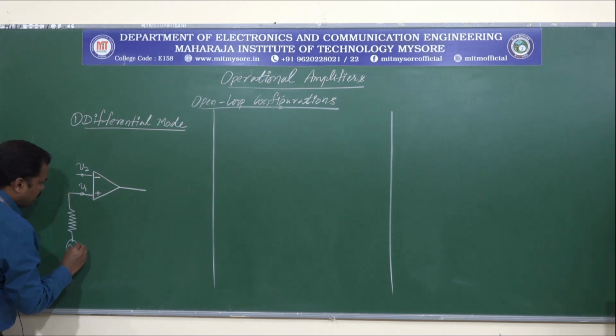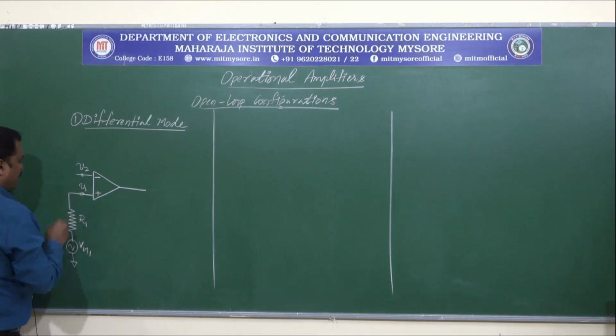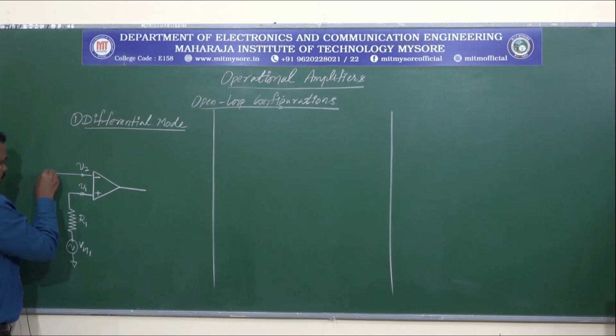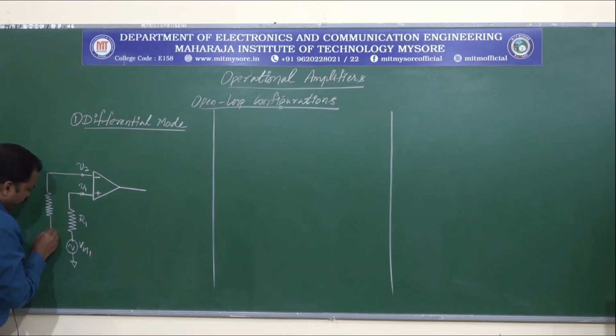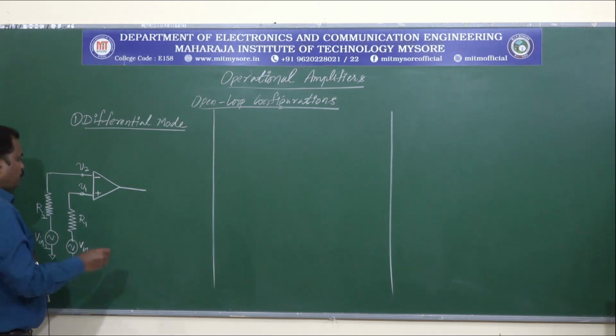So let us consider this as Vin1 and this as R1, and the other signal source will be connected to the inverting terminal V2. So this is the signal source Vin2, and let us call this R2.